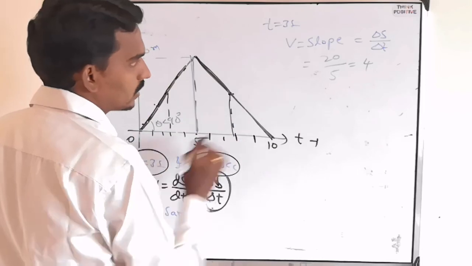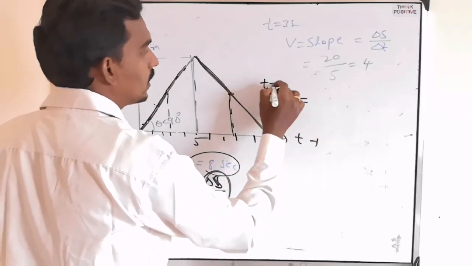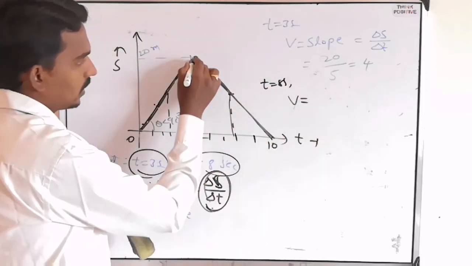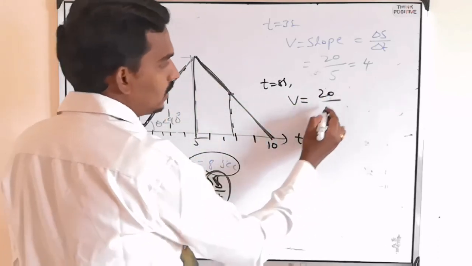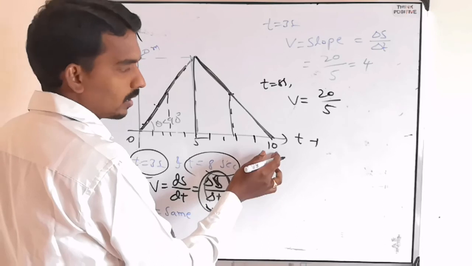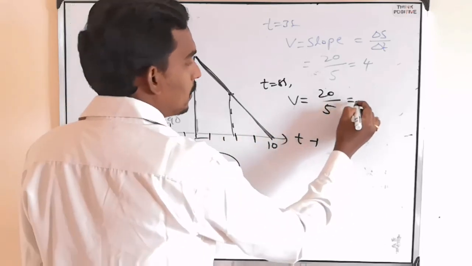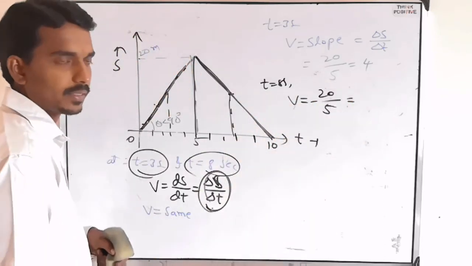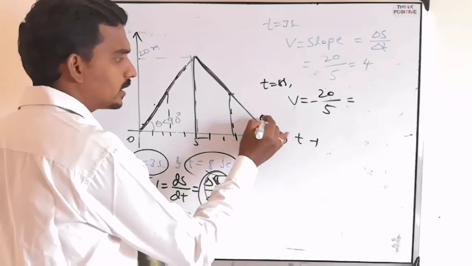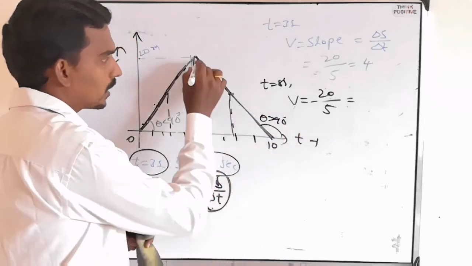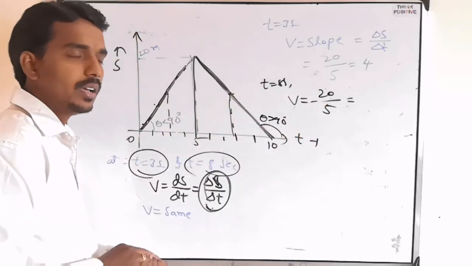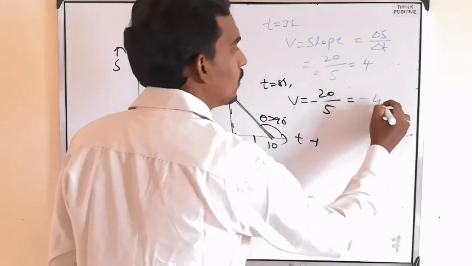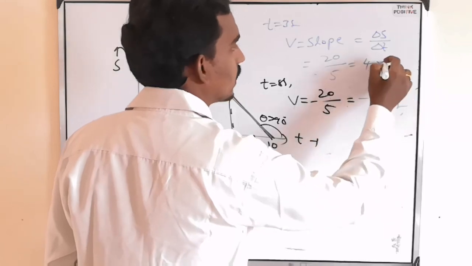So the velocity is, delta s is again 20 and delta t again 5, because 5 to 10, how much? 5 seconds, but minus. Why? Because here theta is greater than 90. So for this one the slope is negative, so obviously velocity is also negative. So how much? Minus 4 meter per second.